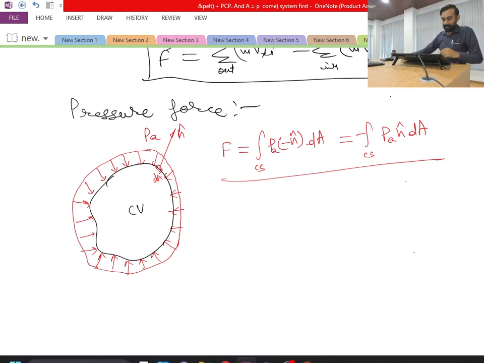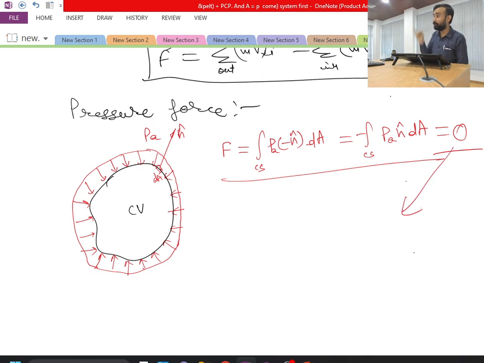If you take its projection in the x direction, this side also the same pressure is acting, this side also the same pressure is acting. If you take the vertical projection, this side also the same pressure is acting, this side also the same pressure is acting. So ultimately this must be equal to 0. It means that this will be possible only if you have a closed bounded control surface.